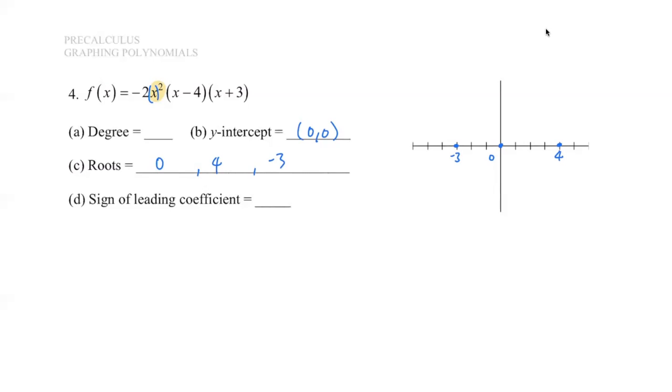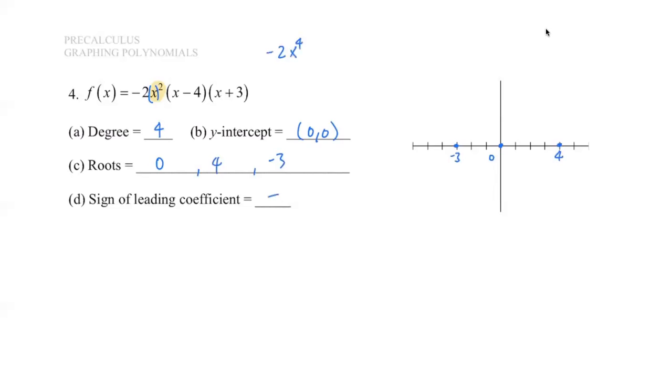So if you multiply all the x's out, your first term is going to be -2x to the 4th power, meaning that the sign of the leading coefficient would be negative, and the degree is 4.